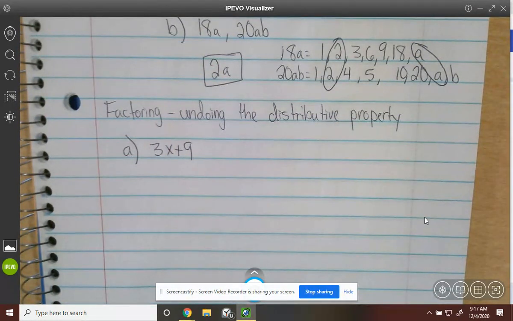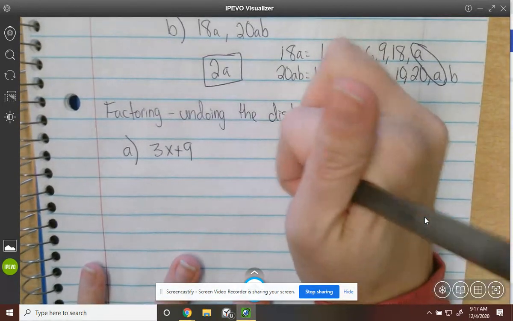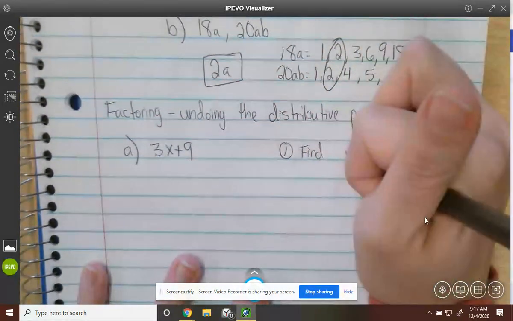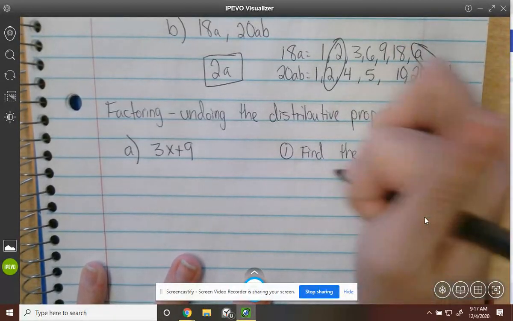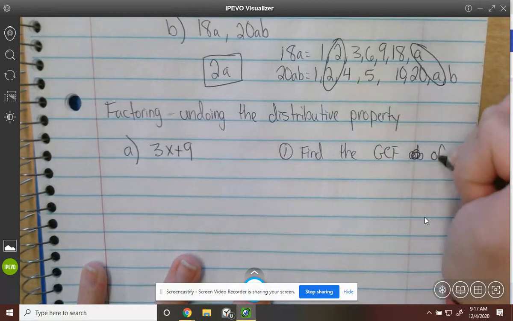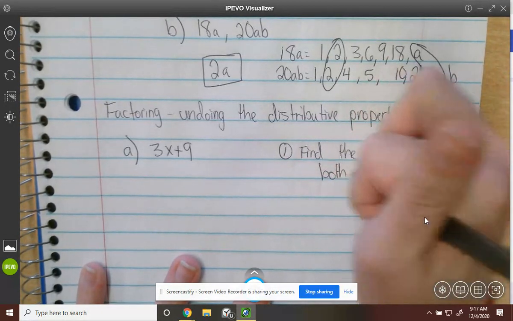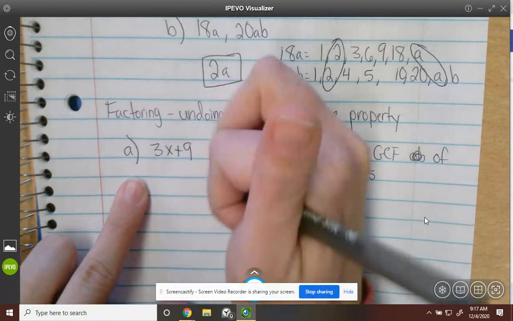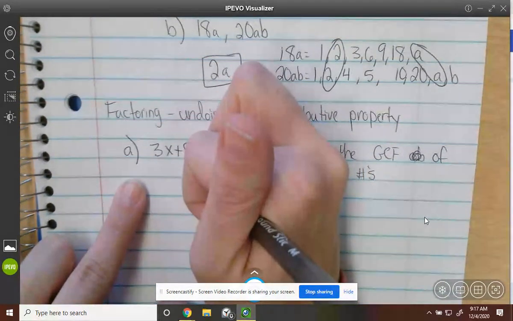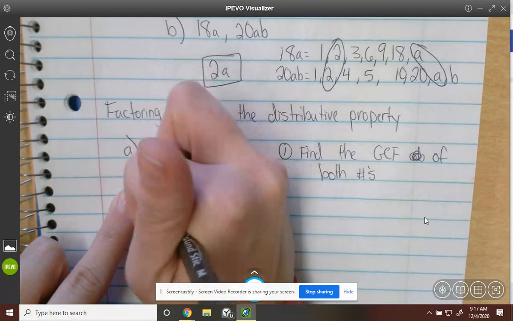Most of you guys will never have to think about these steps again, and you'll just be able to pull the number out and move on. The first step is to find the GCF of both numbers. Okay, so I got 3x and 9.